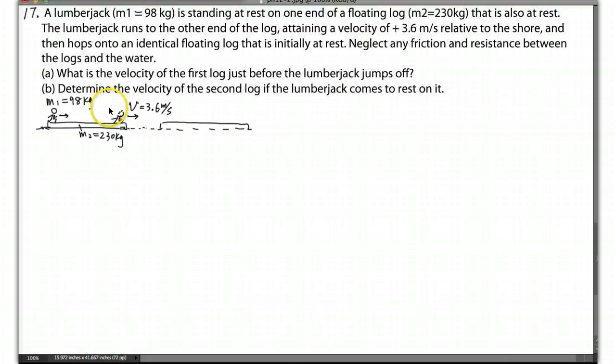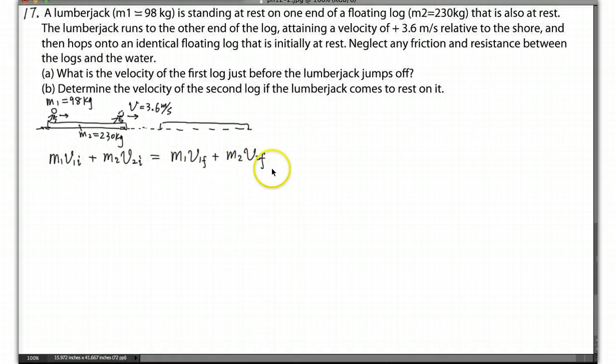That's the condition. It reminds you that yes, you can treat this as an isolated system. So in that case, it means you have the momentum conserved. So you should have m1 v1 initial plus m2 v2 initial equals m1 v1 final plus m2 v2 final.